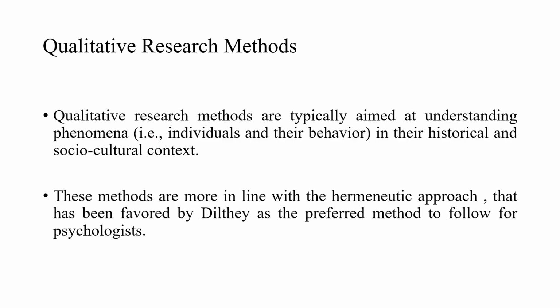Now, we've talked about this in the previous lecture. There were two possible paths. One is the approach closer to the natural sciences, which is manifested best in the quantitative research paradigm. Whereas the other path is the one that was advocated by Dilthey and others, the mental sciences approach, which says that psychology should follow something closer to that.